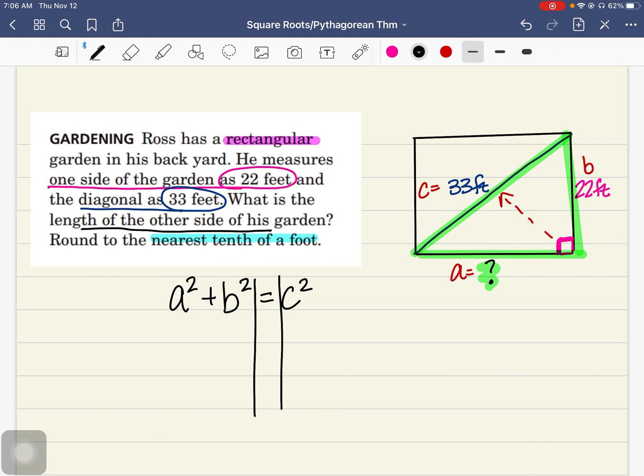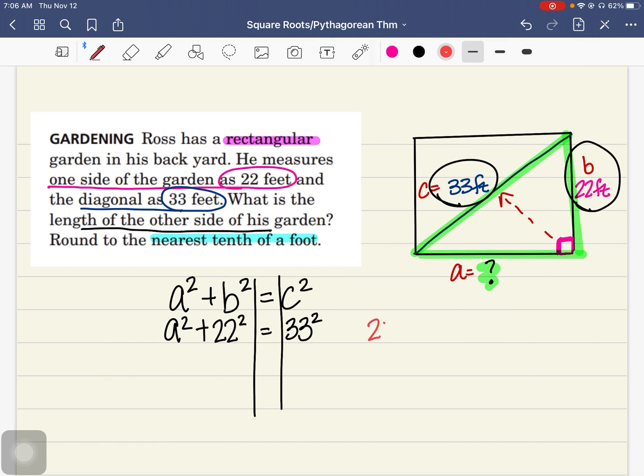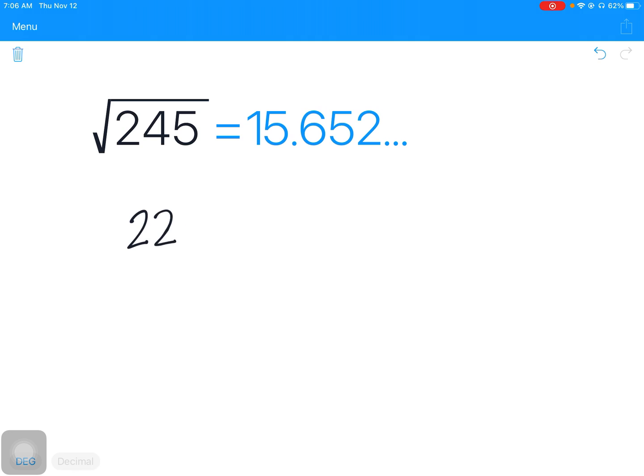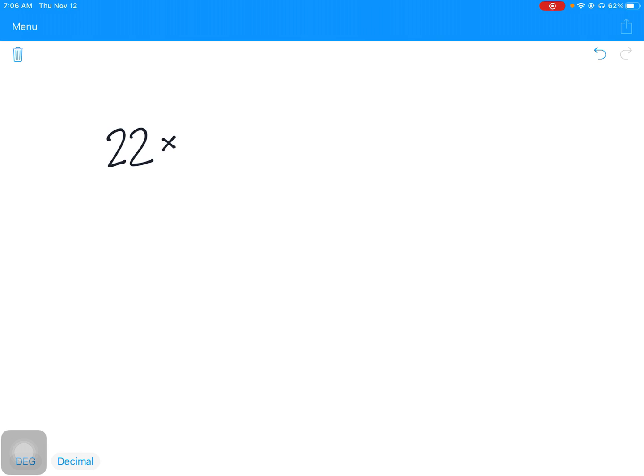All right. A is what we don't know. So A squared, see, we don't know it. Plus B squared is right here. So 22 squared is equal to C, which is 33 squared. Just as a reminder, 22 squared is 22 times 22. Okay, let's do this. 22 times 22.